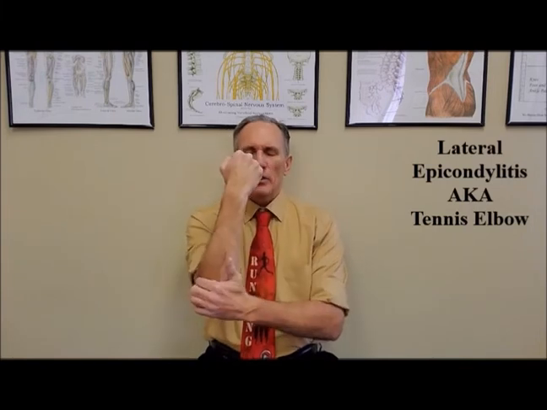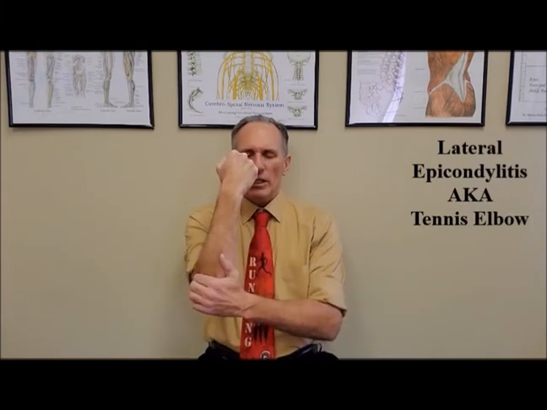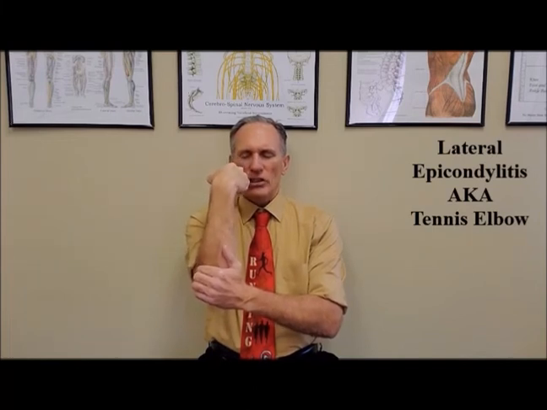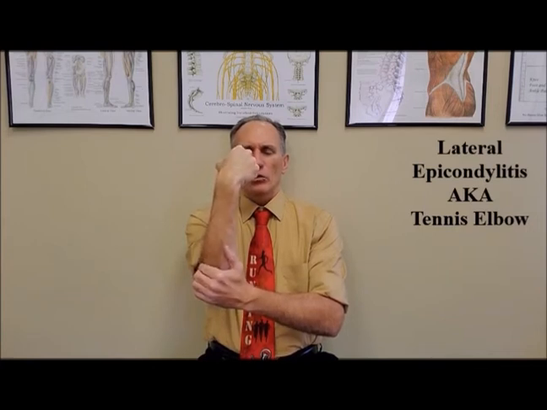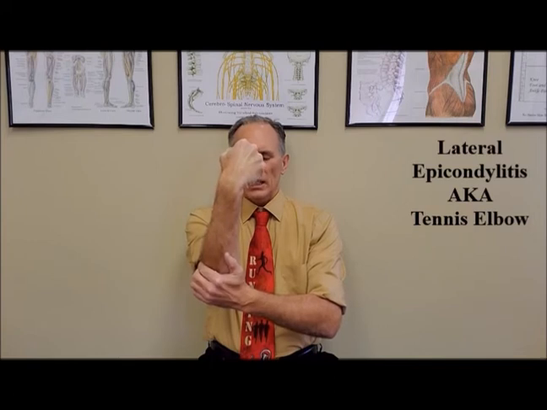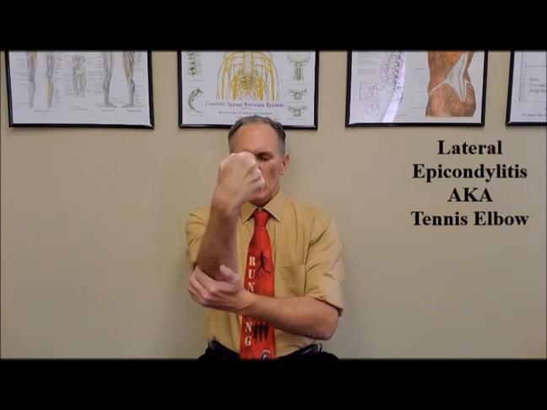That is the area where you want to start working. Now, you don't want to start on the bone, but you start at the lateral epicondyle, just distal to the lateral epicondyle. Again, with mild pressure, and you slowly extend the elbow, pronate the forearm, and extend the wrist.